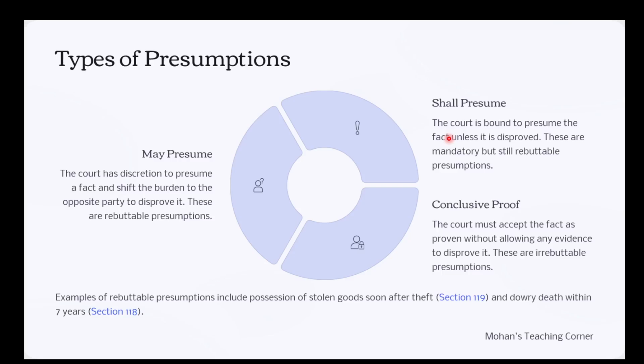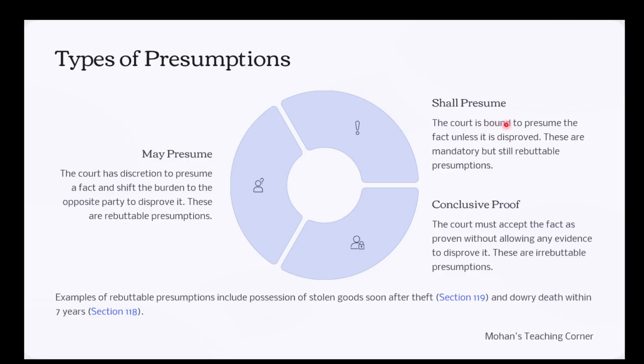Okay. Then types of presumptions: may presume, shall presume, and conclusive proof. May presume means the court has discretion to presume a fact and shift the burden to the opposite party to disprove it. These are rebuttable presumptions.